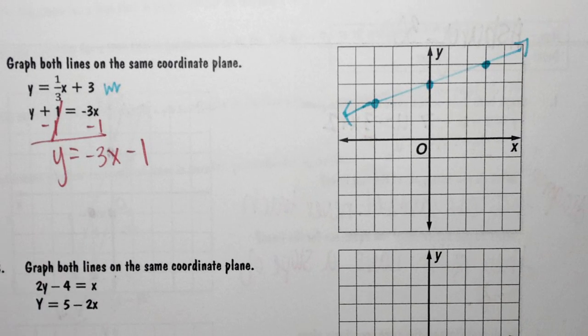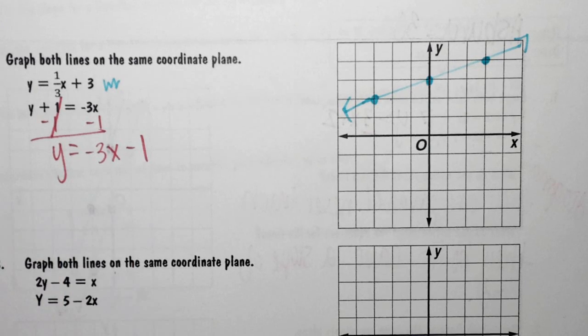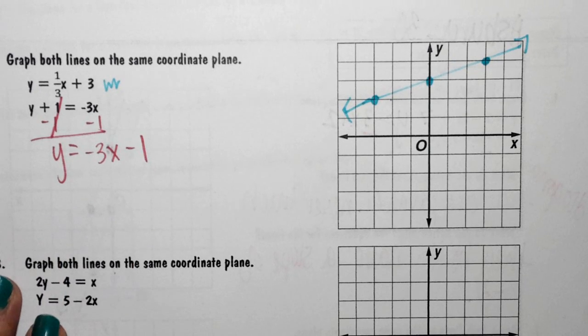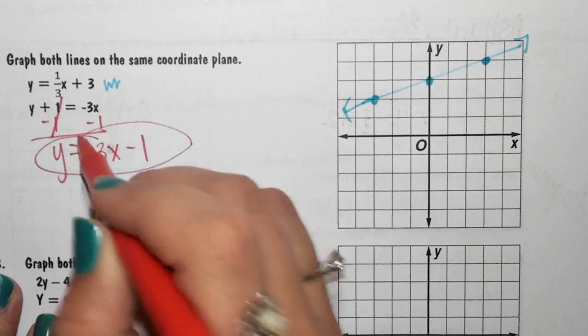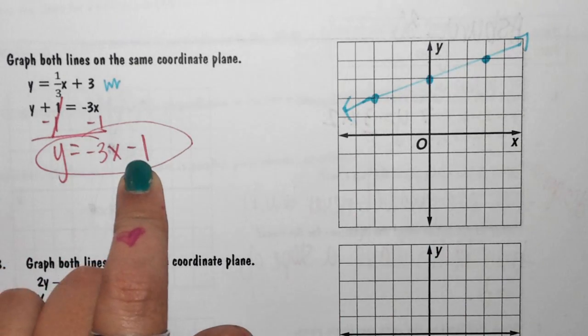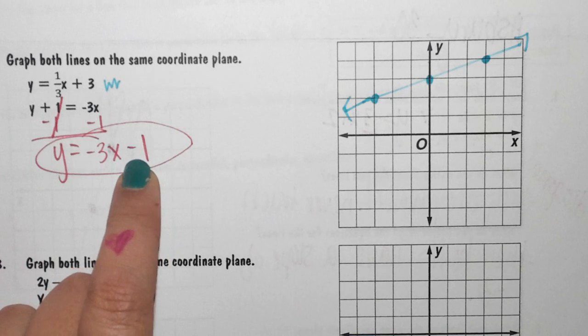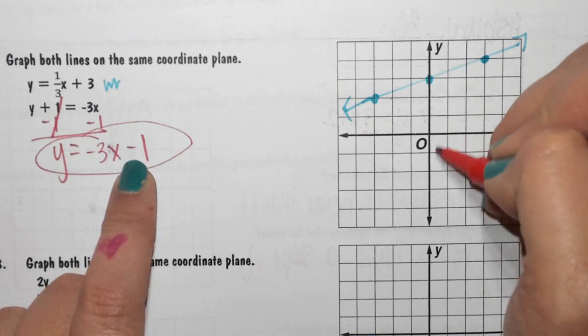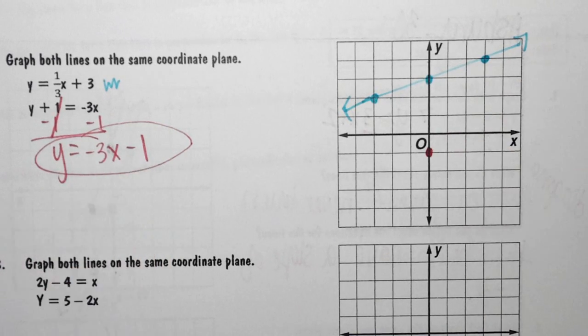Now I got to graph it. Can you tell me how to start that graph off? Tell me what to do first. What do I plot first? Negative one? It's always this one. Start there. So go down 1, put a dot.